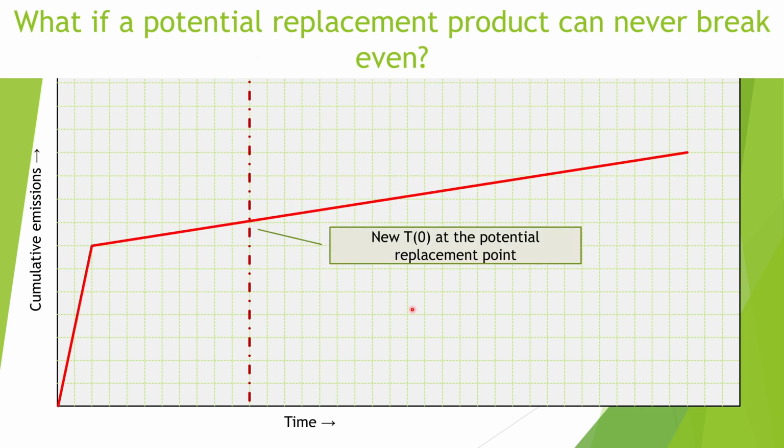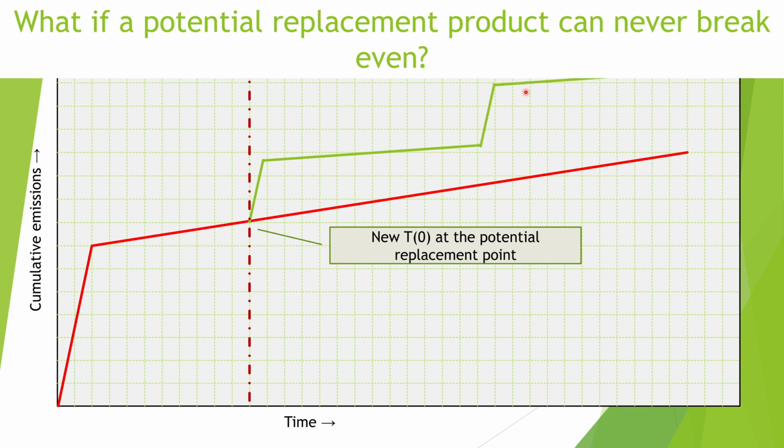I touched on this before with fast fashion, where I said, what if a potential replacement product can never break even? Now, that might not just be the case with fast fashion, where you have a very high embedded emissions from manufacturing and a very short lifetime. It may occasionally happen even if you have an improvement in the manufacturing emissions and an improvement in the use emissions, but a short lifetime.